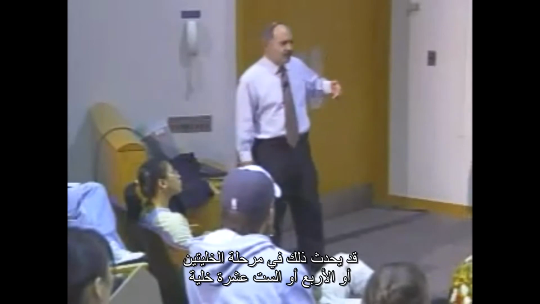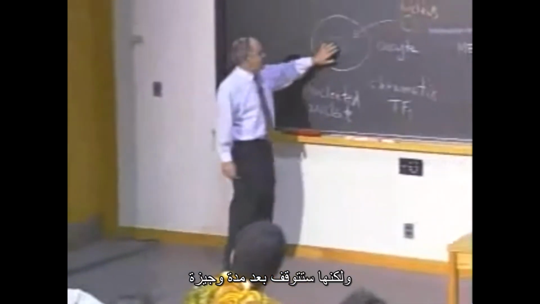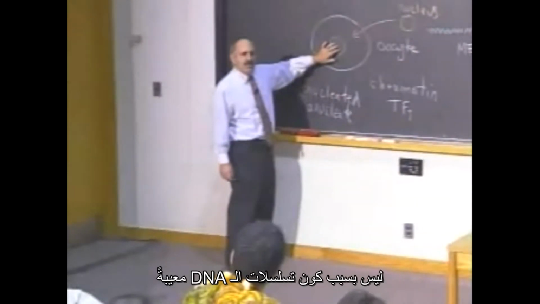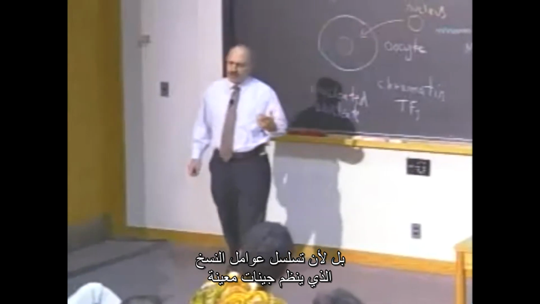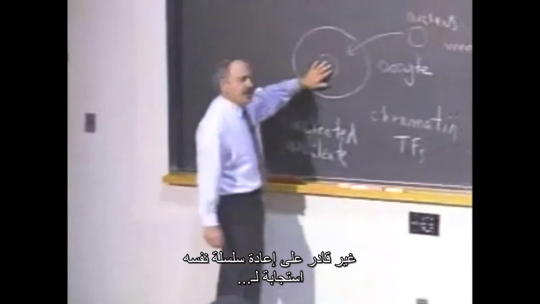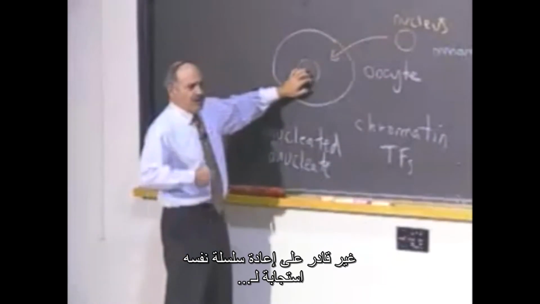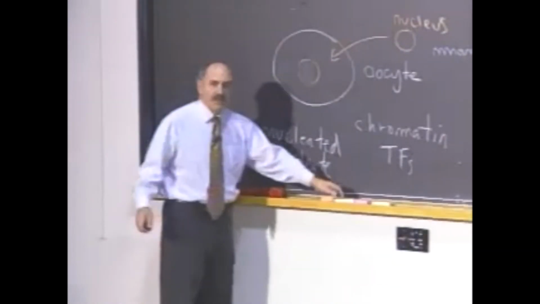Maybe at the 2-cell stage, or the 4-cell stage, or the 16-cell stage, but shortly thereafter. Not because of the DNA sequences being defective, but because the spectrum of transcription factors that up and down regulate certain genes has not been able to reassort themselves in response to what?